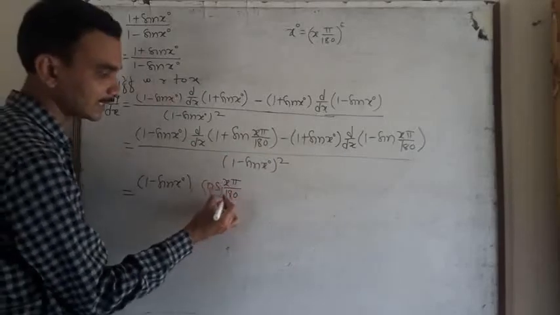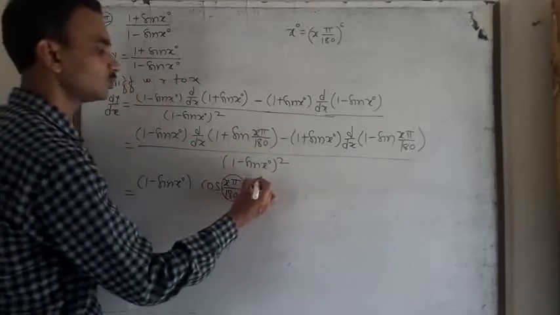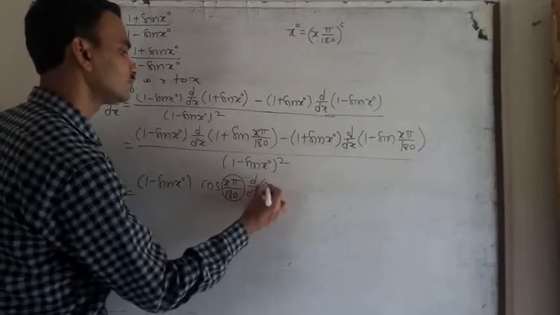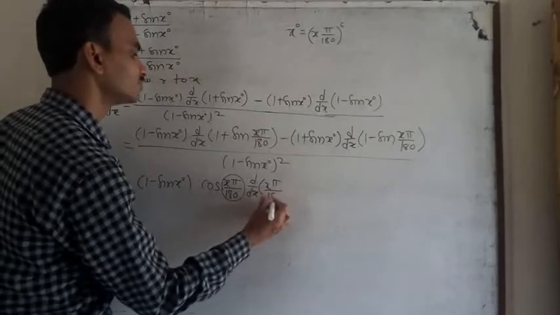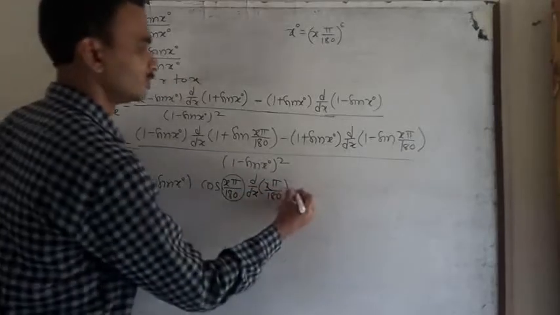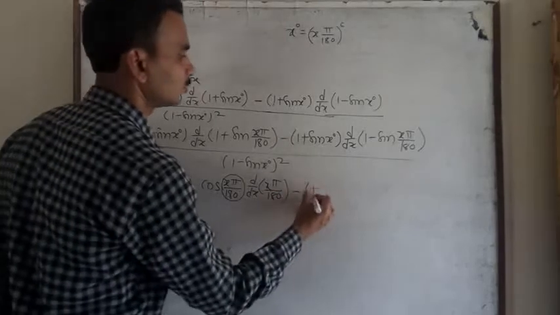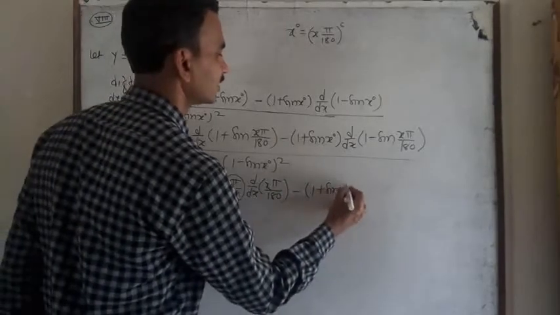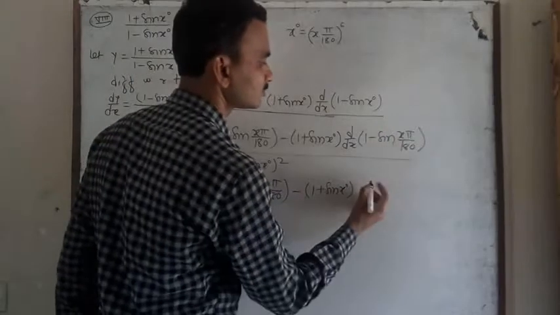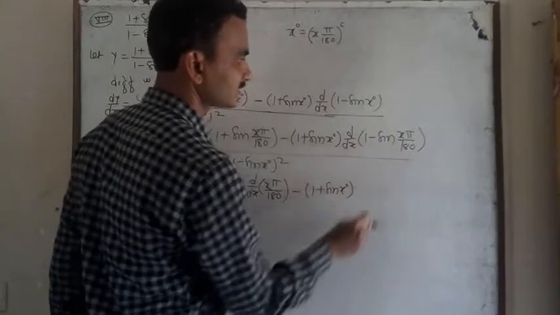But here there is a term in x, so d/dx of x pi upon 180. Minus sine as it is, 1 plus sine x degree, and the derivative of this term is this minus sign.